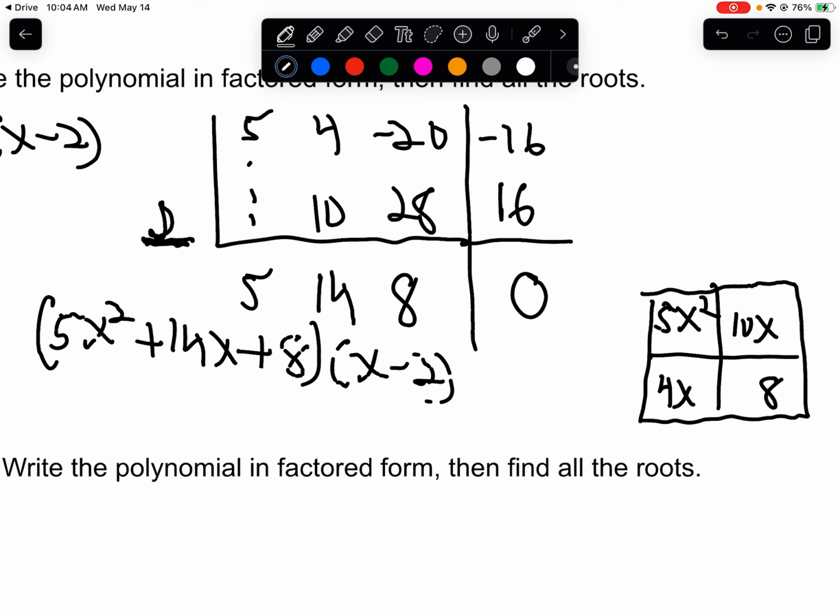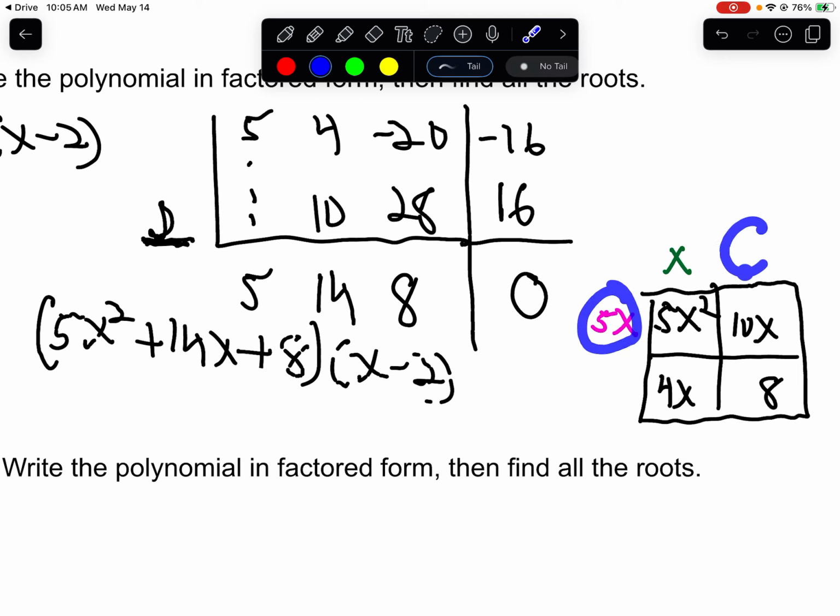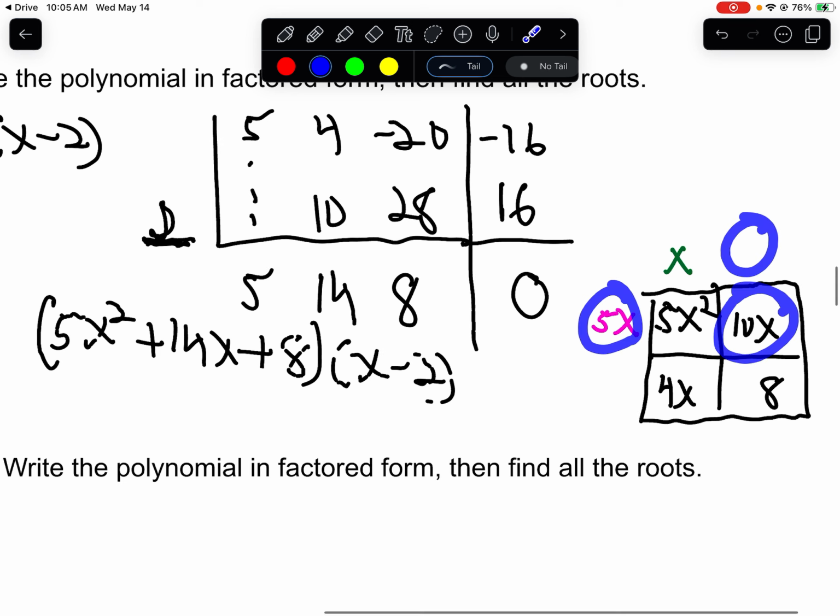Then what we do is we GCF, just like before. What's common between 5x squared and 10x? That's going to be a 5x. So we pull a 5x out. Then you ask yourself, what do you multiply 5x by to give us 5x squared? And you'll say x, I hope. So this is x. And then you can look here, 5x times what gives me 10x, and that's going to be 2.